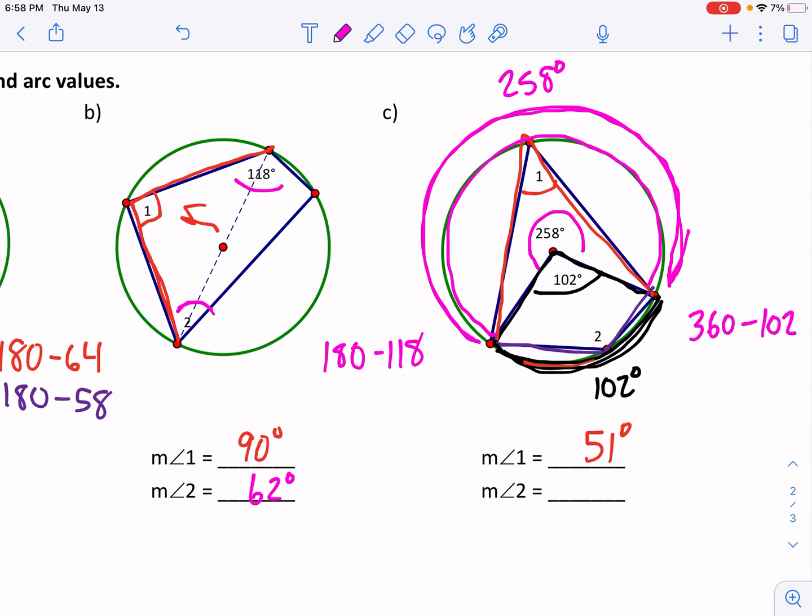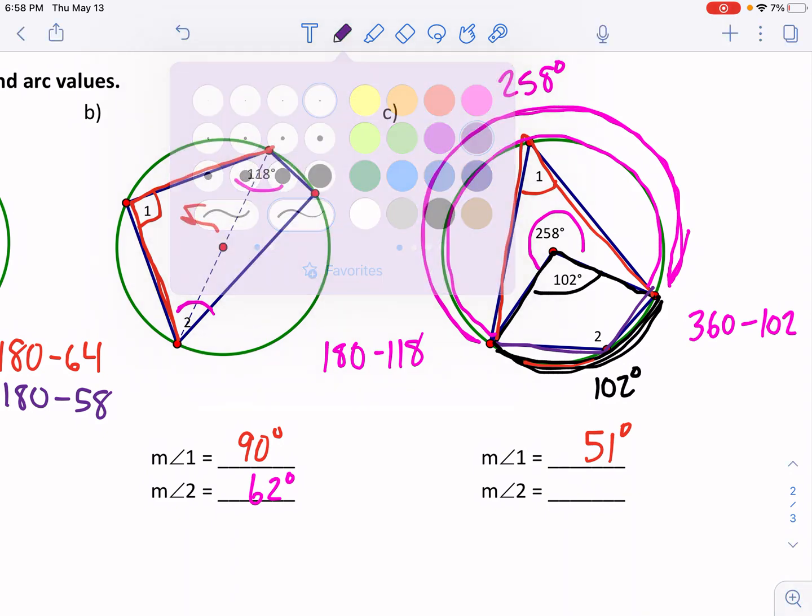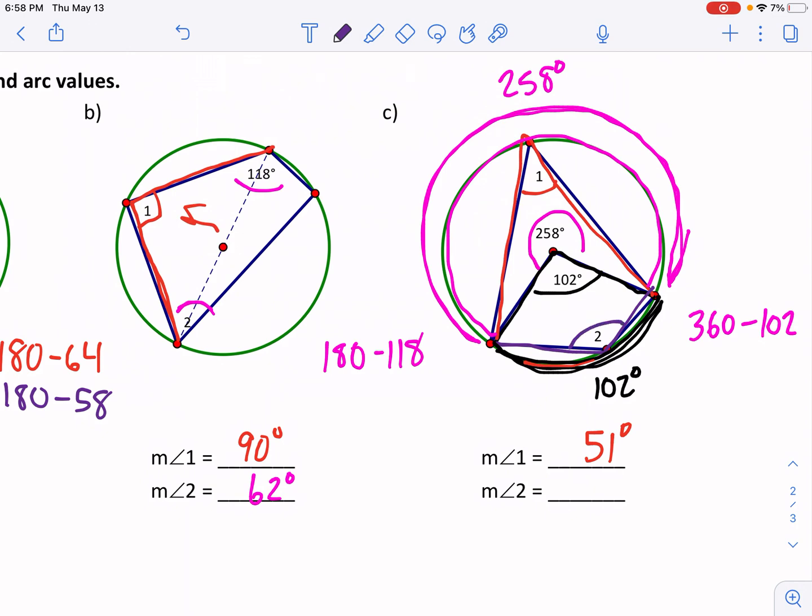And notice here, if that's the case, this inscribed angle, angle 2 here, is going to be half of the intercepted arc that we're talking about, this 258 degrees. So I guess we could have used this guy earlier. It's going to be half of our 258 degrees.